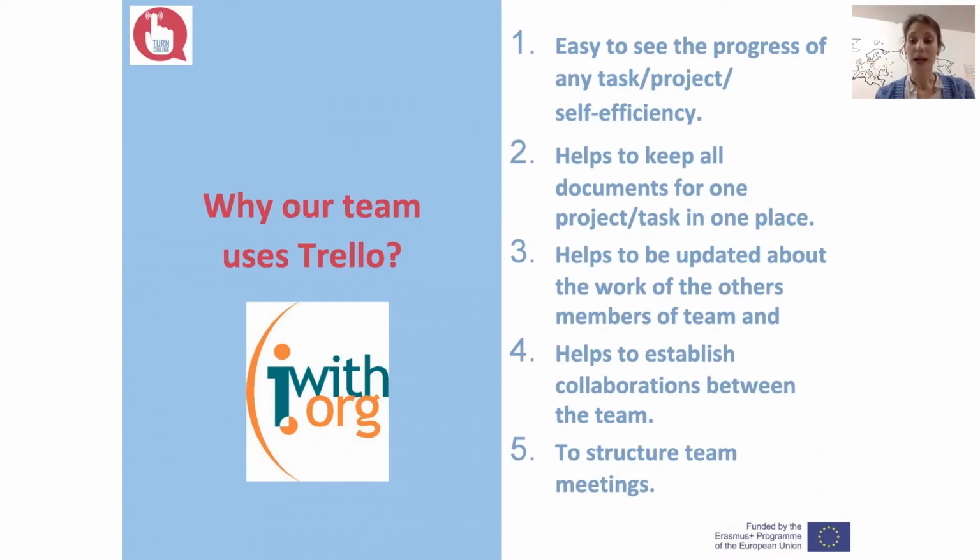The third principle is that we are updated all the time about what every member of our team is doing right now. What do I mean? You can filter the tasks of the whole team, and you can see, for example, what kind of things Alla is doing right now, what kind of projects are run by her right now. And I can check every member of the team.